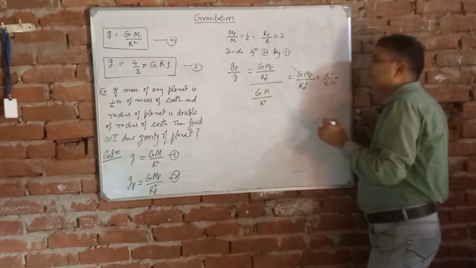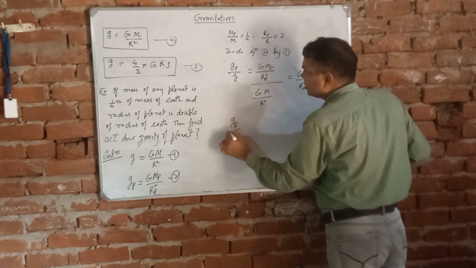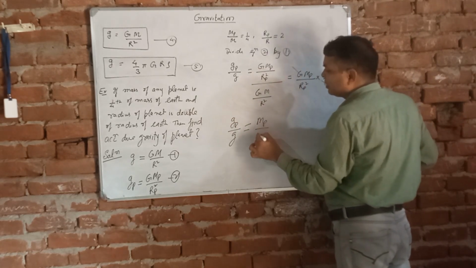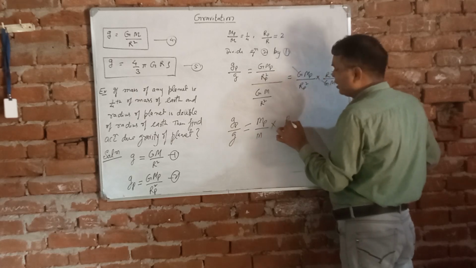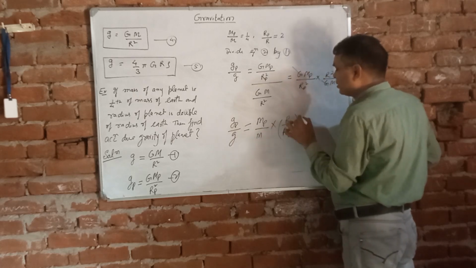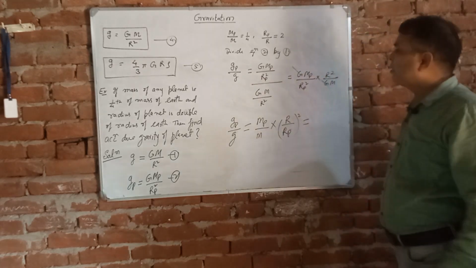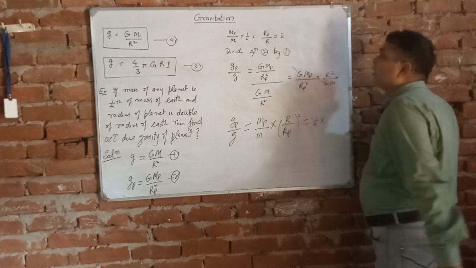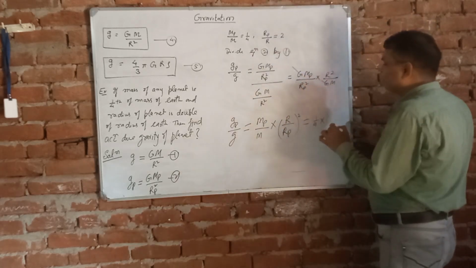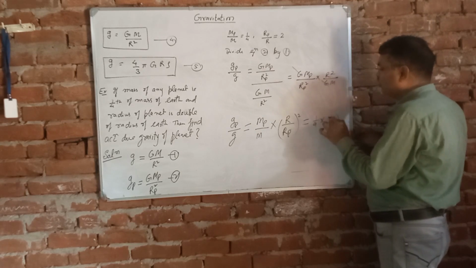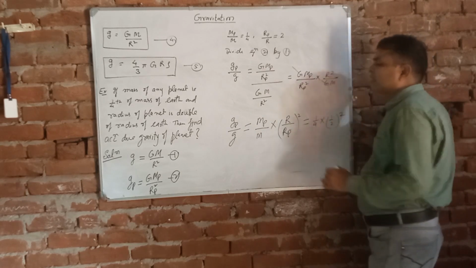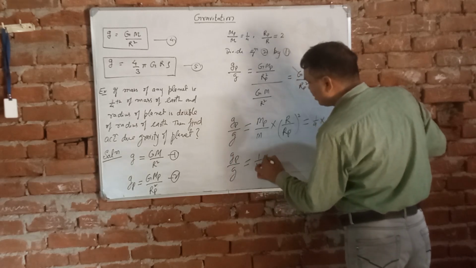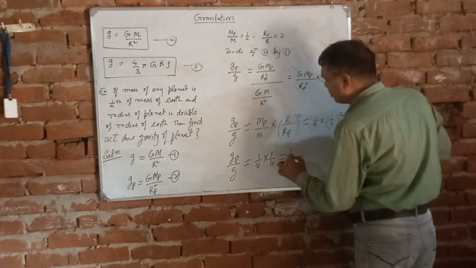Here G is cancelled by G, so gp by g equal to mp by M into r square by rp square. Now put the value of mp by M, 1 by 4, and r by rp, in this case 1 by 2. So gp by g equal to 1 by 4 into 1 by 4 equal to 1 by 16.